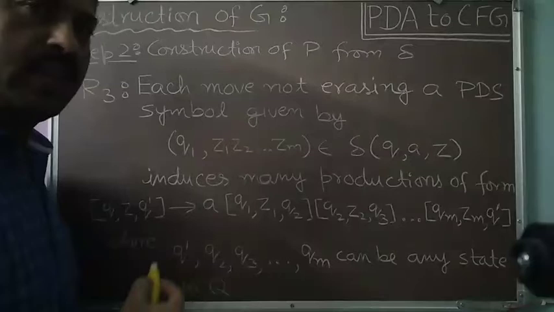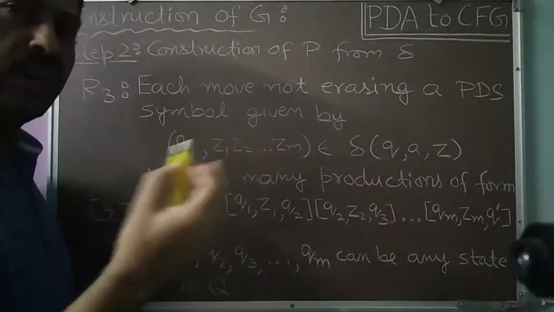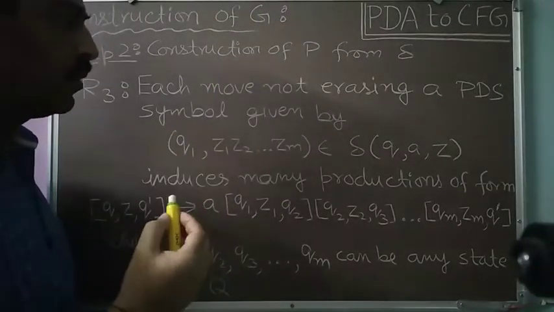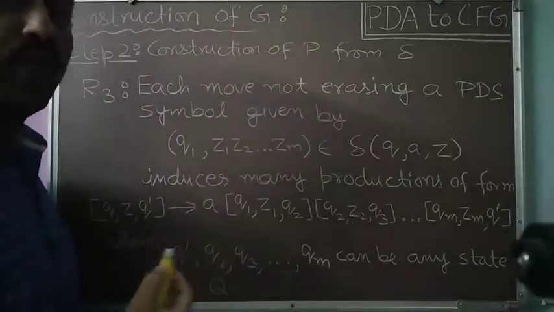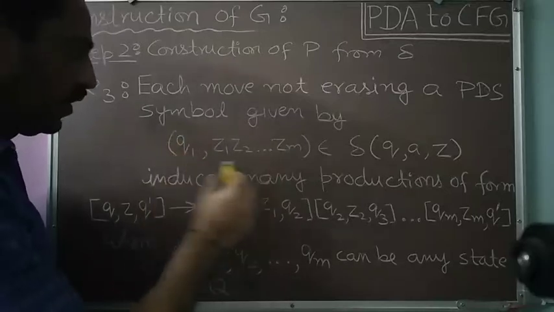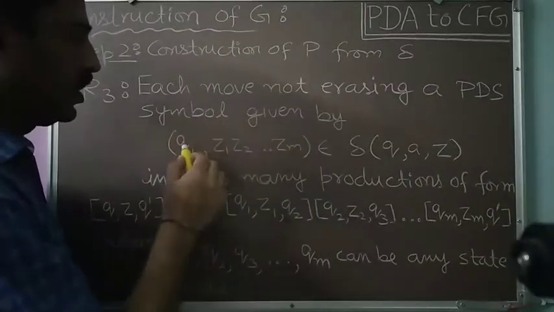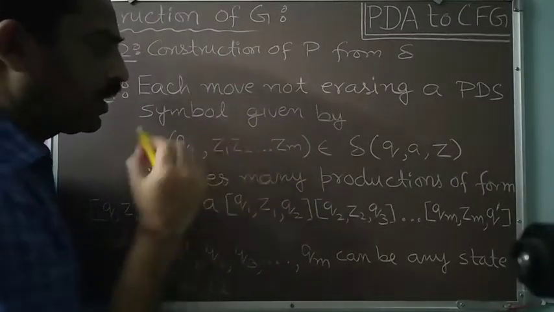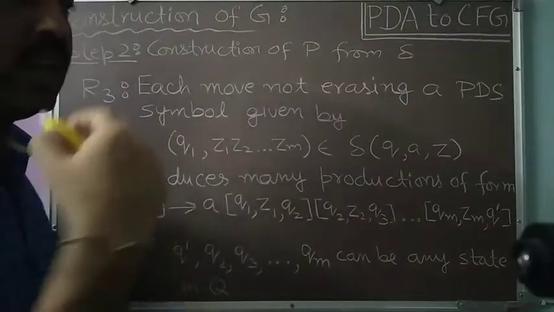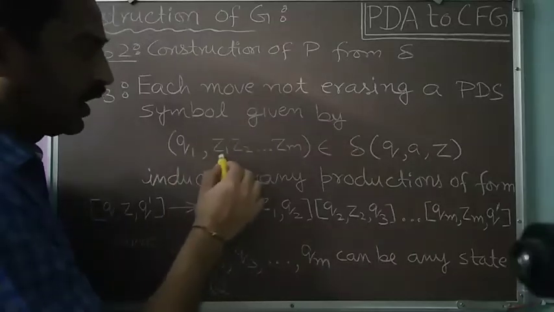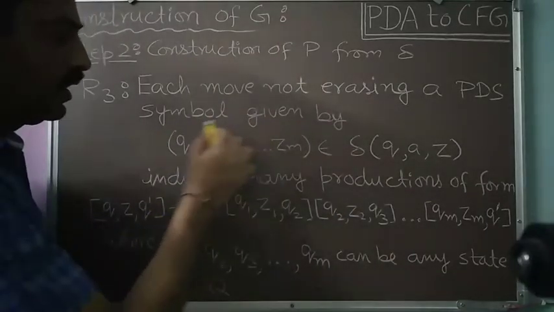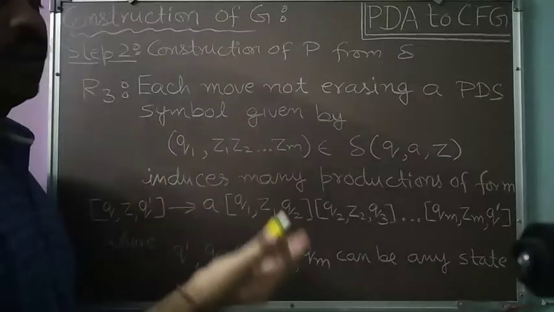In the last rule we saw what we mean by an erasing move: erasing the topmost pushdown store symbol. And how do we identify the erasing move? On the right hand side of our transition there will be a state and then a null, so we will be writing null over the pushdown store. If we are not writing null over the pushdown store, even if there is a single symbol or multiple symbols, then the move is treated as a non-erasing move.